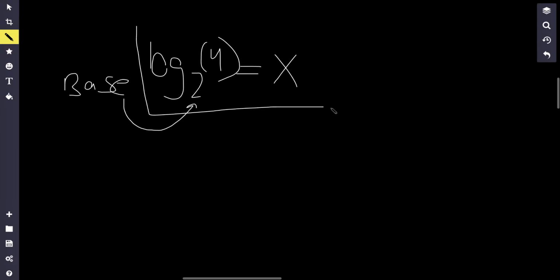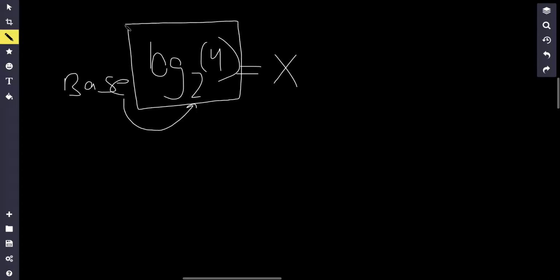Logarithms are written in this form, where you have the log symbol, the base of the logarithm, which is the number beneath the log symbol, and a number next to the base, usually written in parentheses. And because this is an equation, it's going to be equal to some number.